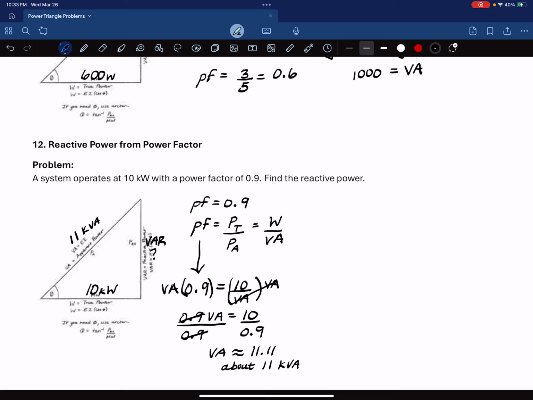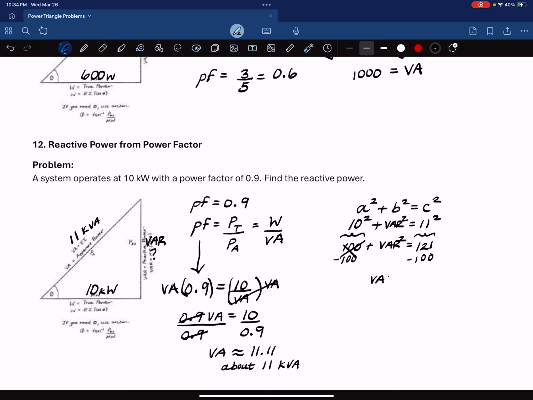So let's go one step further using Pythagorean theorem, which translates to 10 squared plus VAR squared equals approximately 11 squared. So here's 100, 121, and then I would need to subtract here and here.